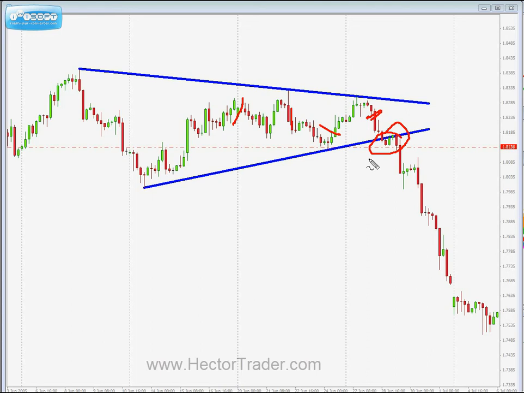And finally, the third reason why this type of setup is a high probability trade is that not only are you trading in the direction of the main trend, and waiting for the right time to enter, but you are also waiting for the confirmation of the breakout. The confirmation comes in the breakout pullback continuation pattern.